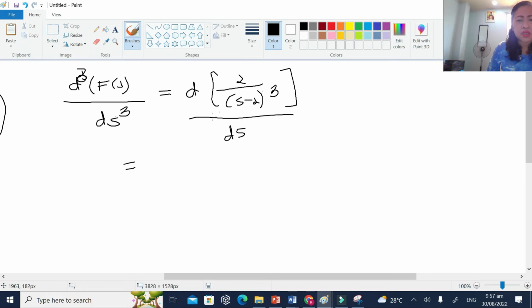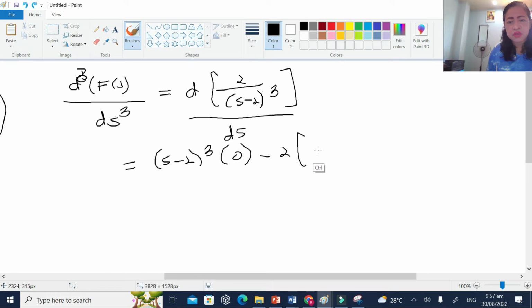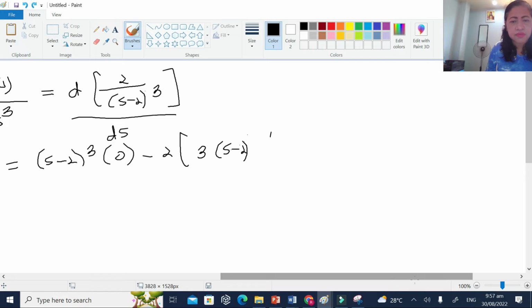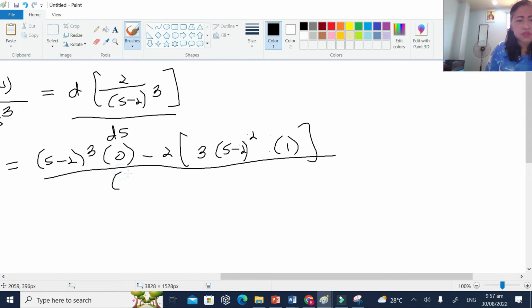So that will become the denominator s minus 2 cubed times the derivative of the numerator, minus the numerator times the derivative of the denominator, so that will be 3 times s minus 2 squared, times the derivative, that is 1, divided by the square of the denominator, s minus 2 raised to the 6.